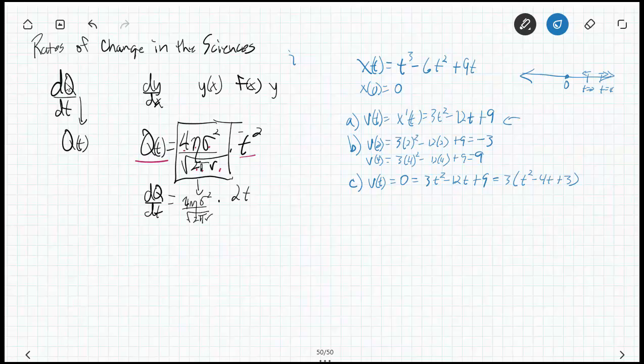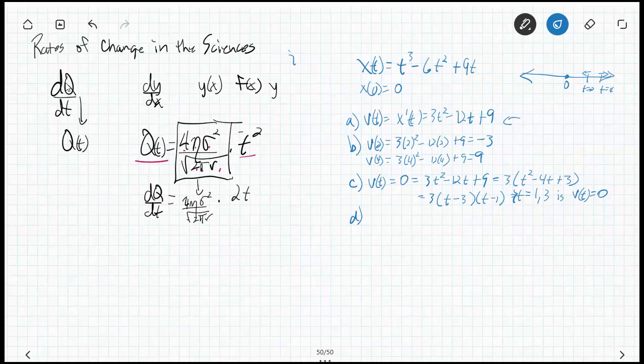Oh, that's a trinomial. That's easy enough to factor. This is equal to 3 times t minus 3 times t minus 1. Double check it if you need to. That implies t equals 1 and 3 is where v of t equals 0. Done. Algebra makes total sense, doesn't it?